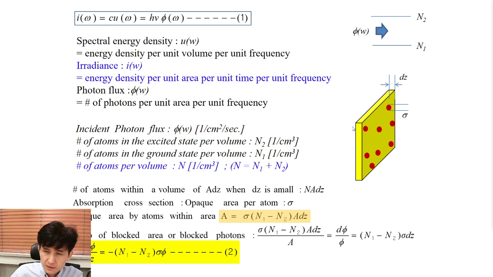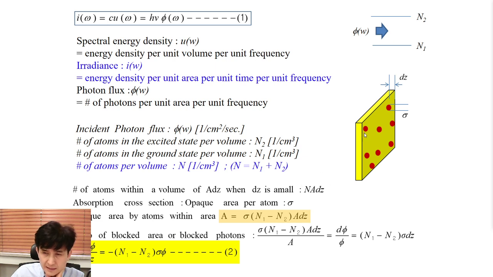We consider a small volume in a medium whose thickness is dz, while its area is A. Then the volume is A times dz.